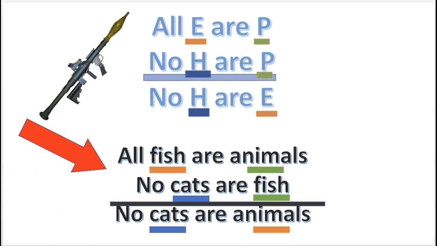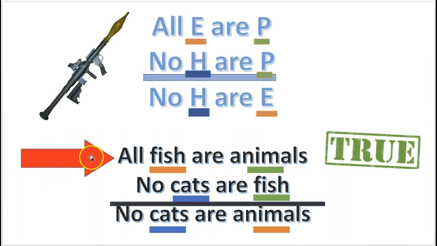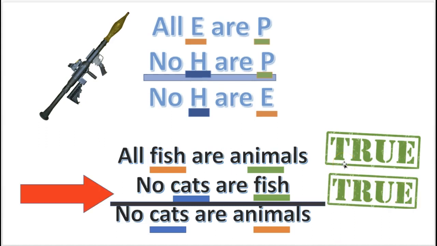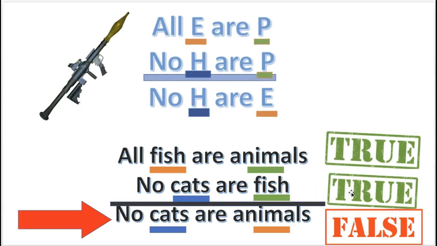The idea to prove it invalid is when you have true premises and a false conclusion. So all fish are animals, that's true. No cats are fish, is that true? Are cats fish? No. No cats are fish, that's true. The conclusion is no cats are animals. Now that's false. So if you have true premises and a false conclusion, then the argument is invalid.